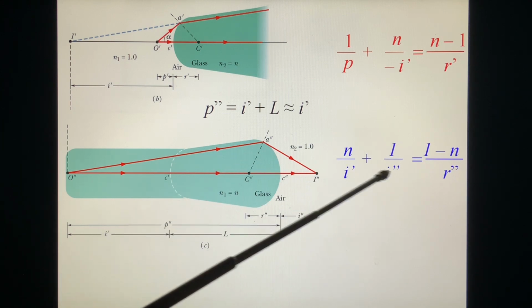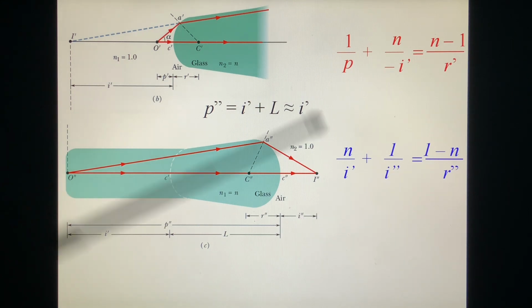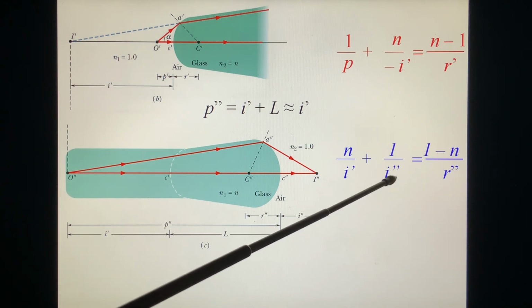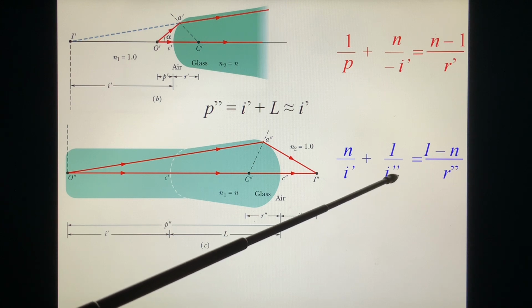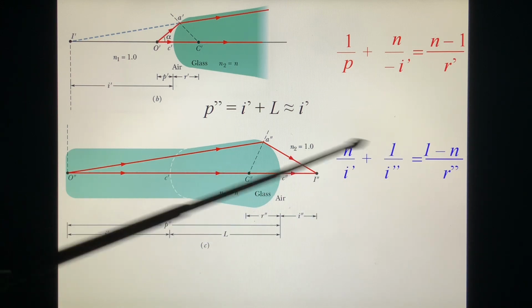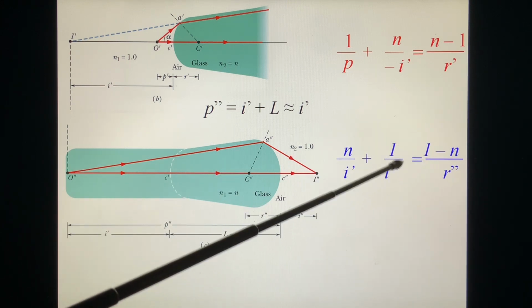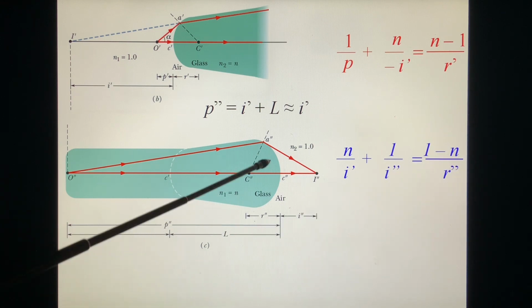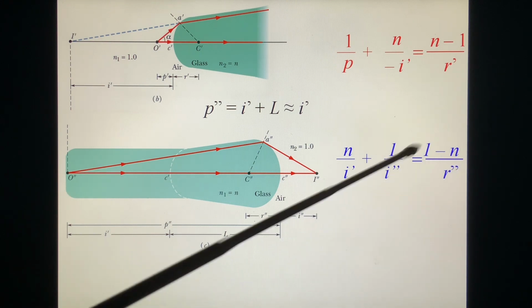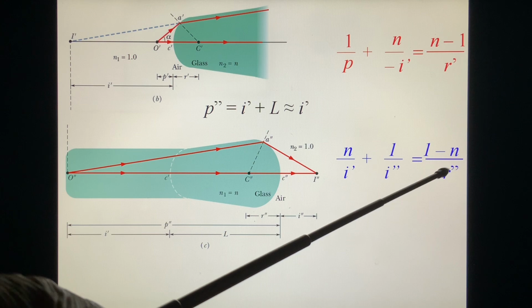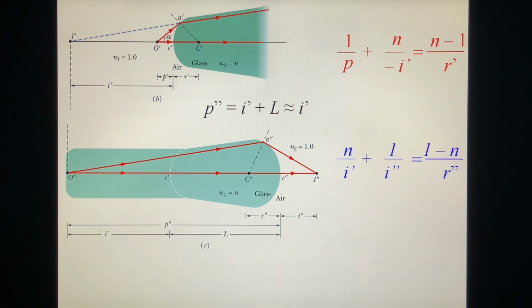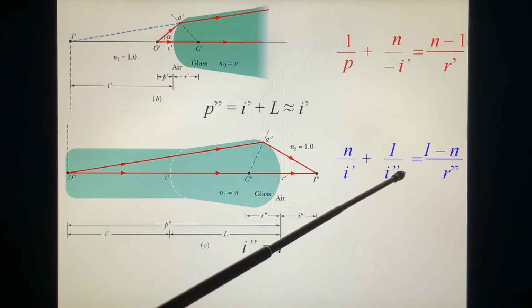This I prime is the image of the lens. And this is 1, this is 1, this is N, so 1 and N, this is R prime. And this I prime is a negative number. Whatever, this I prime is I.